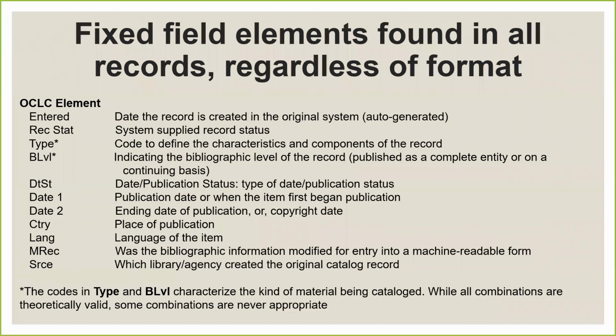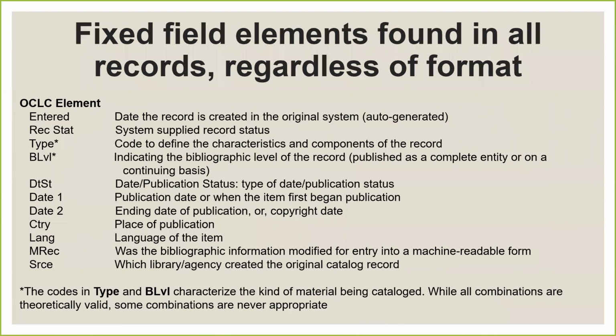Certain elements of the fixed field are found in all records. All bibliographic records will have a date entered and record status, which is system generated. The type of record, bibliographic level, date status, dates, country, language of item, and source are all supplied by the cataloger based on the item you are cataloging.